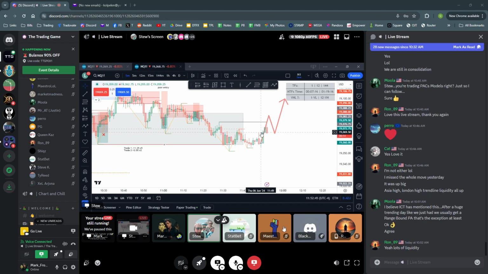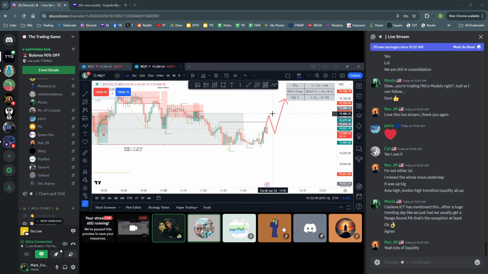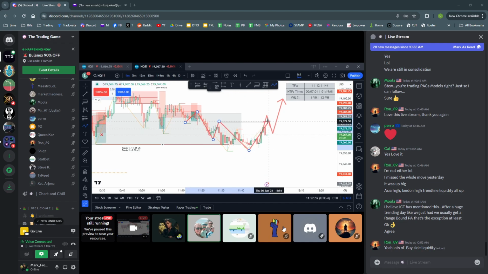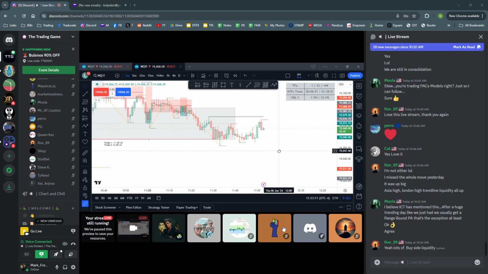Otherwise, if it doesn't take this high before pulling back, then you just have a double top. It'd be like this, and then you could just look at it like this. Now, since it closed that short-term high right there, it made a new valid high. The long idea is pretty much dead right there.